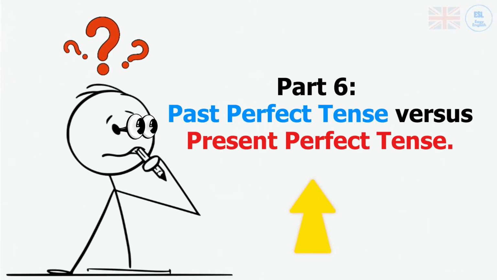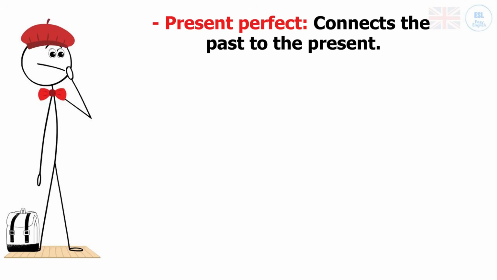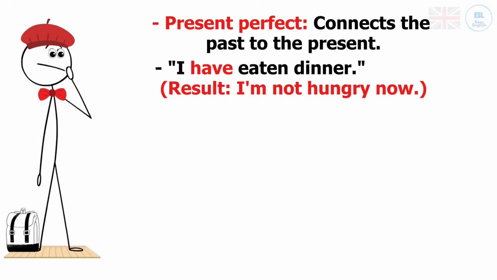Part 6. Past perfect tense versus present perfect tense. Now, how is the past perfect different from the present perfect? Present perfect connects the past to the present. I have eaten dinner. Result: I'm not hungry now.